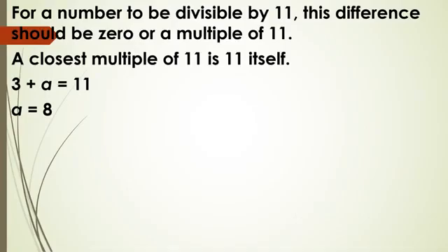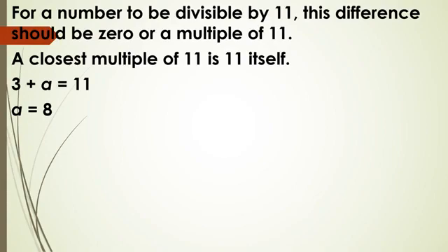So that we can get a multiple of 11. 3 plus A must be divisible by 11, right? So what do we write in place of A? In place of A, we are writing 8 because 3 plus 8 is 11 and 11 is divisible by 11. So the required digit is 8.